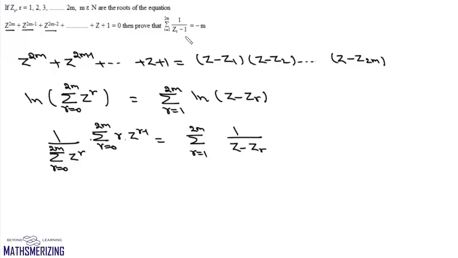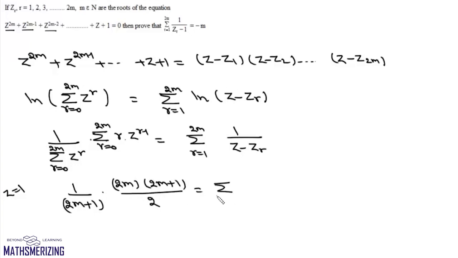Now what we need is 1 upon ZR minus 1. So what we'll do is we'll put Z as 1. Now if we put Z as 1, we'll get this summation 1, and summation 1 will be 2m plus 1 into, now this is summation R, and summation R is n plus 1 by 2, and this is the summation R varies from 1 to 2m 1 upon Z minus ZR.